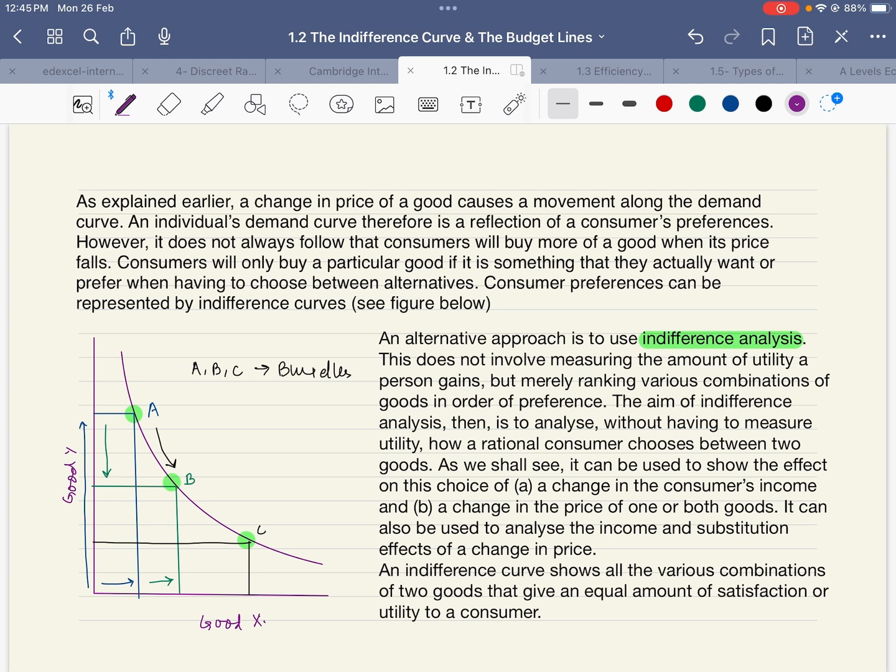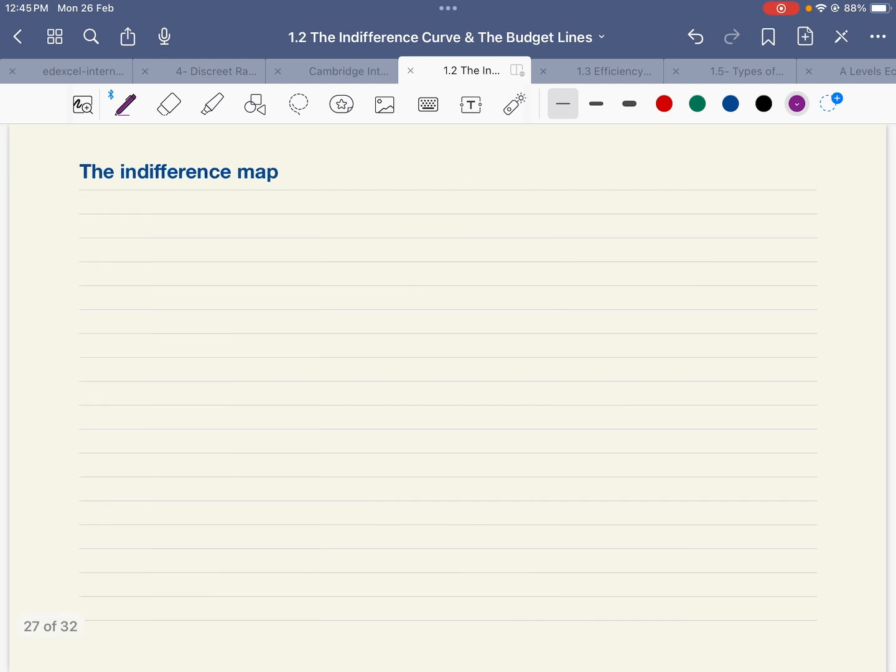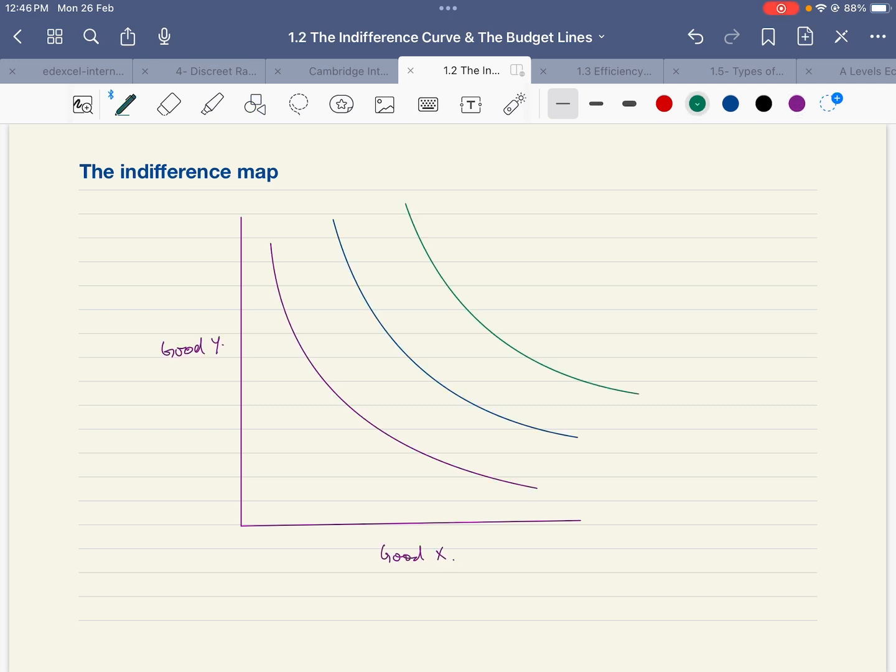We can, however, produce an indifference map. What is an indifference map? Let's have a look at it. An indifference map contains more than one indifference curve. This is called the indifference map. This shows a number of indifference curves.